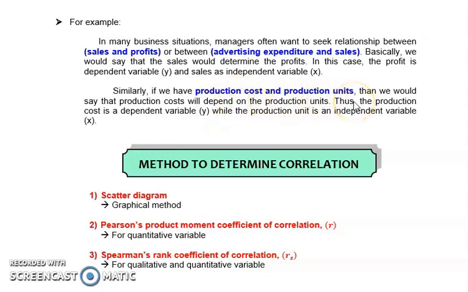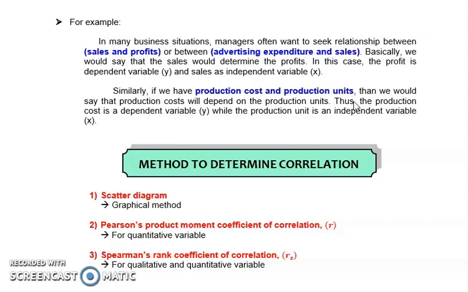So we will expect that the more unit we produce, the more cost we need to bear. Okay, so production units and production cost, which one is X, which one is Y. So we will say that cost will depend on how much we produce. So production cost is dependent variable Y and production unit is independent variable X.